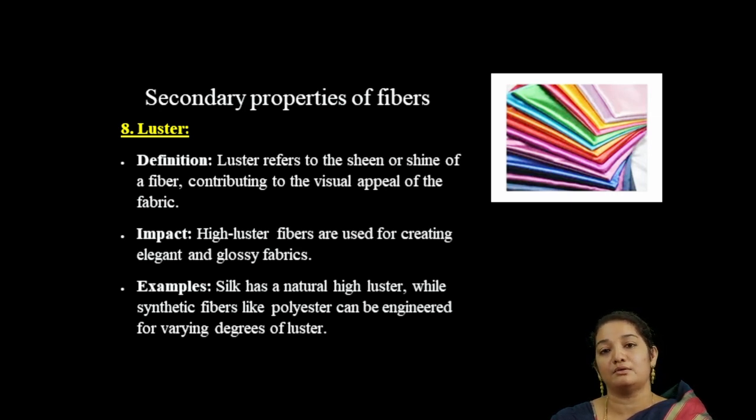And luster is an essential property, because people select garments based on luster. Natural fiber like silk has a lustrous effect, and polyester also provides a lustrous effect in various degrees, contributing visual appeal to the fabric.